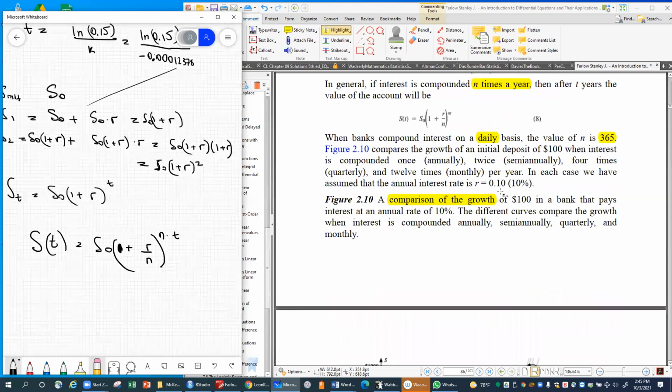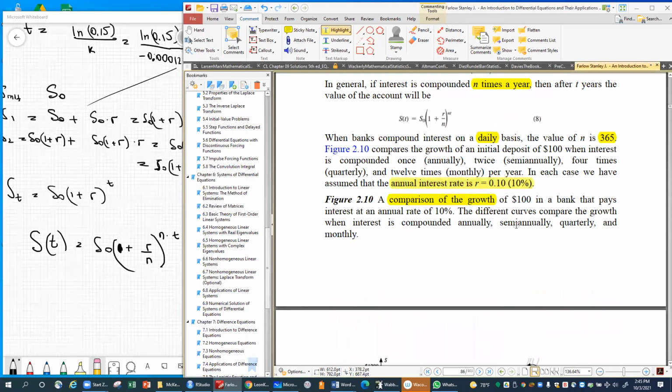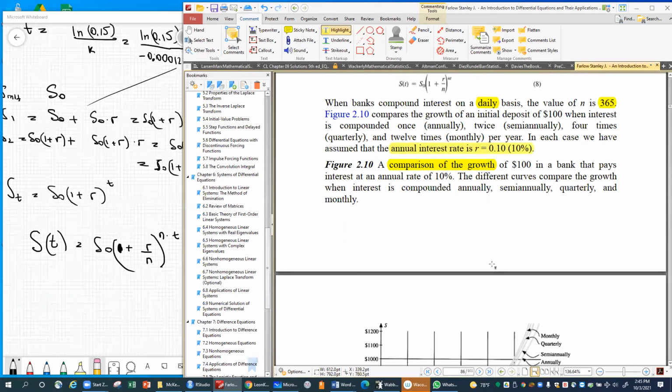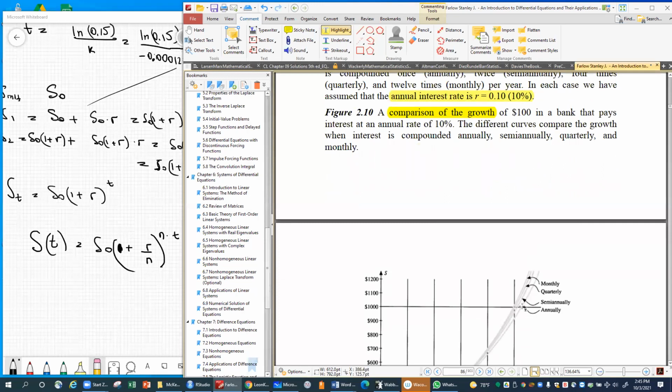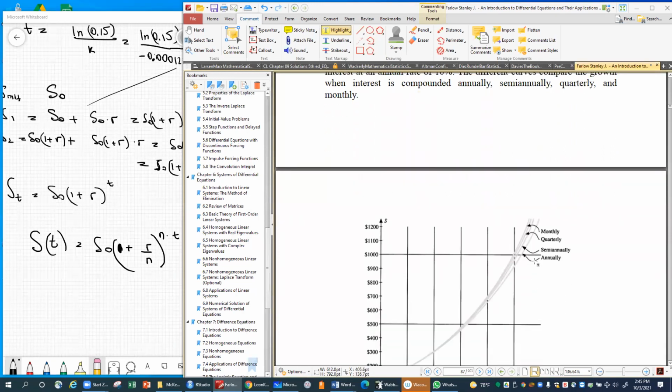Okay, so here they took such an amazing annual interest rate of 10%. Who can get 10% ever? Okay, so 10% interest, and you see that the more often you compound, annual, semi-annual, quarterly, monthly, it grows a bit faster, not a huge difference, but a bit faster.